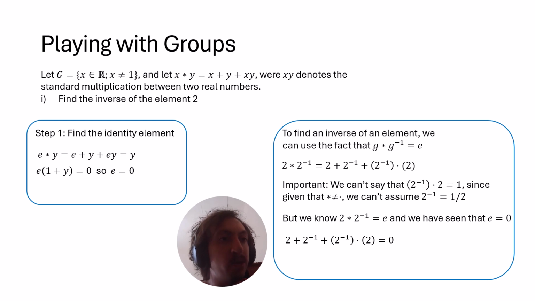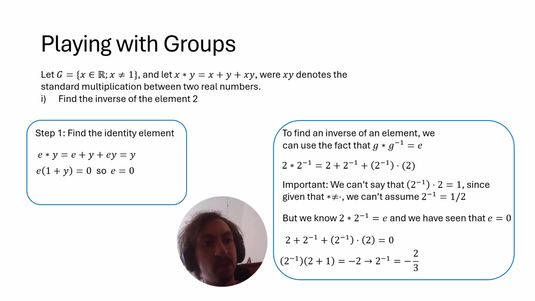And therefore we can factorise to get 2 to the minus 1, as we factorised before to find E. And we end up with 2 to the minus 1 is equal to minus 2 over 3. So the inverse of 2 is minus 2 over 3.